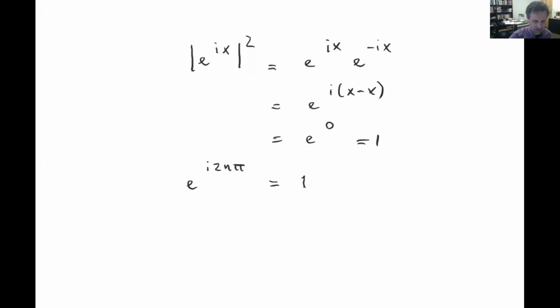You can actually verify this quite easily. If you use the expression on the previous slide, where a complex exponent equals a cosine plus i times a sine, and you put that argument in a cosine and in a sine, you see very quickly that the sine contribution is going to be 0, and the cosine contribution yields 1.